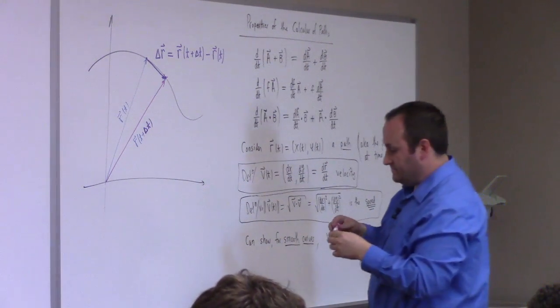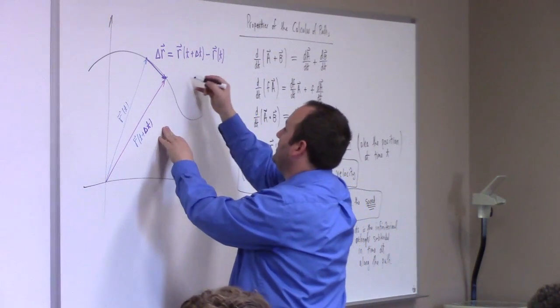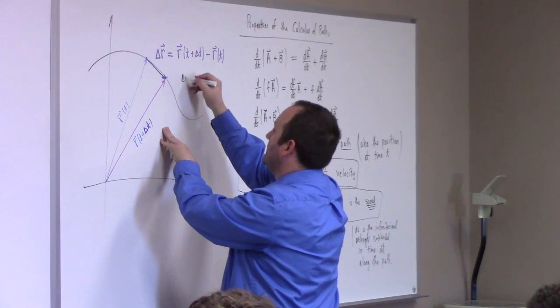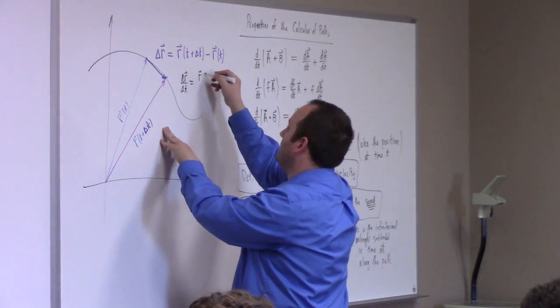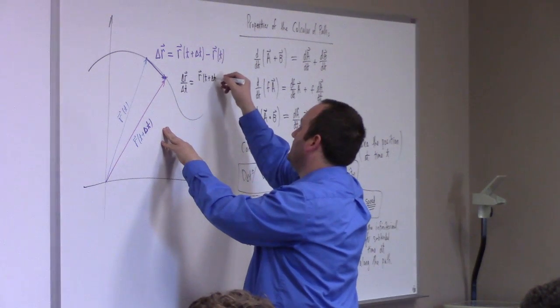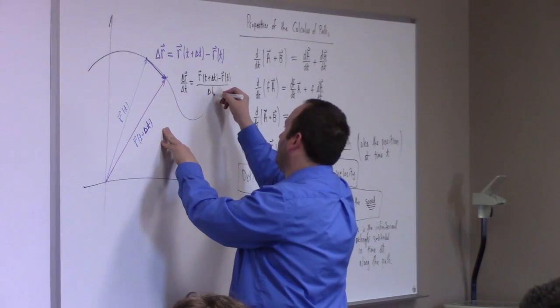So then what do I do? Well, you take this and you divide by delta t. What's it give you? Delta r over delta t is equal to r of t plus delta t minus r of t, divided by delta t.